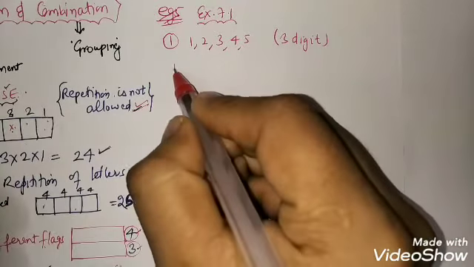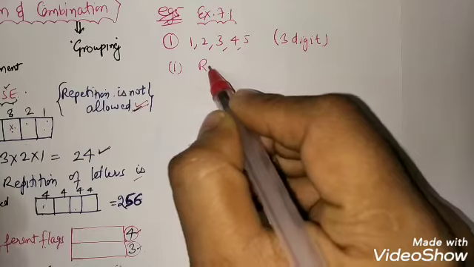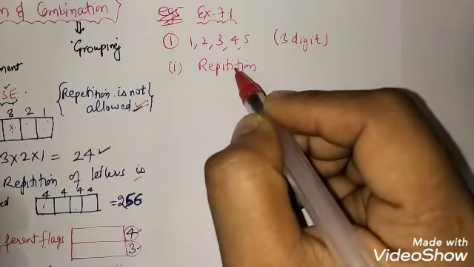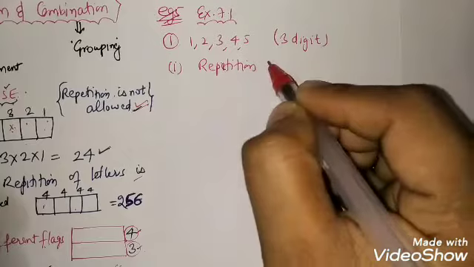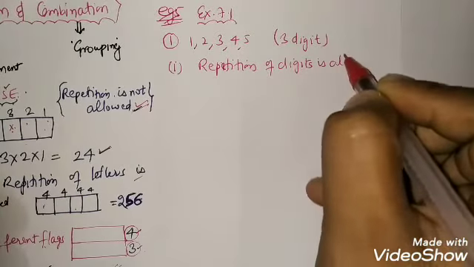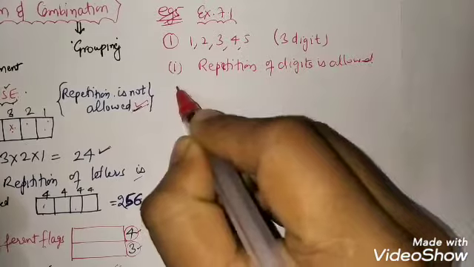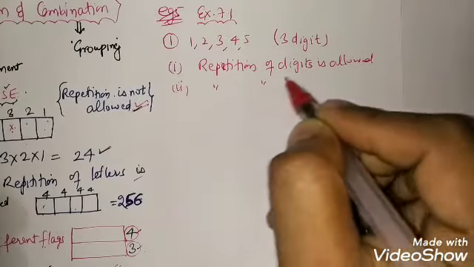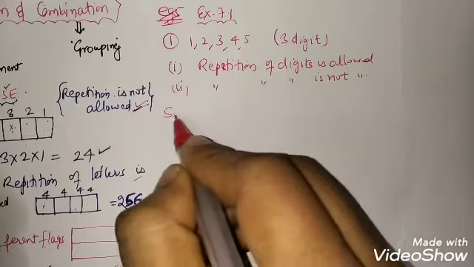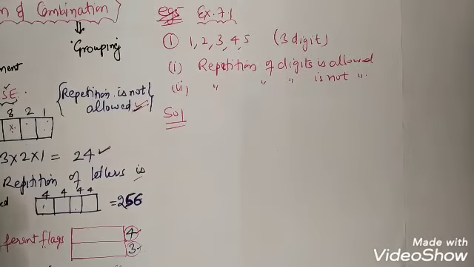The first part says repetition of digits is allowed, and the second part says repetition of digits is not allowed. Simple as that.